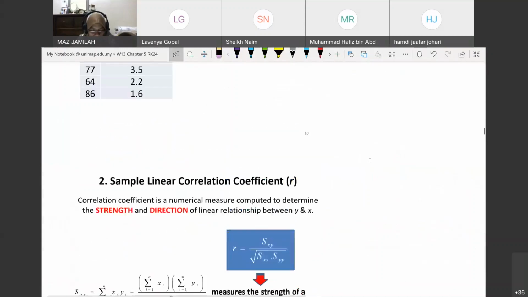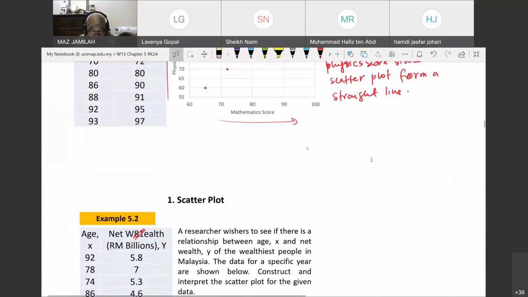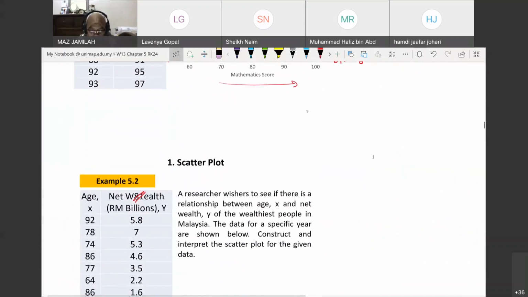Now, the next topic finishes with this scatter plot. Have in mind that a scatter plot only shows the direction or the pattern of your linear relationship, whether positive or negative. So your scatter plot is limited in telling you further information about your data. Why do we need a scatter plot? Sometimes you will be asked this.